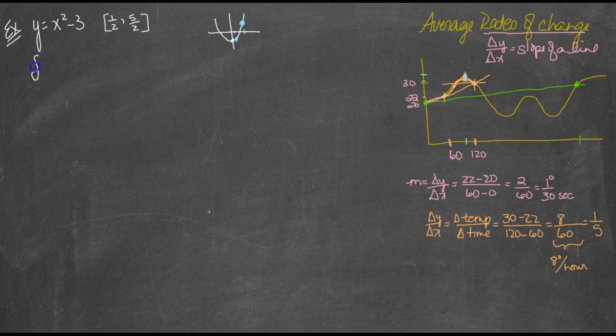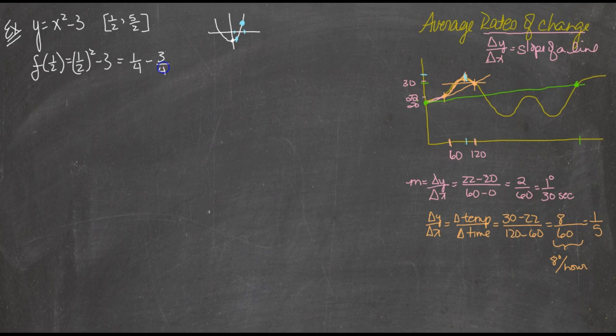So I'm going to say the function of 1/2, or f of 1/2, equals (1/2) squared minus 3, and that equals 1/4 minus, well, 3 is the same as, oh, no, I want to keep my 3.